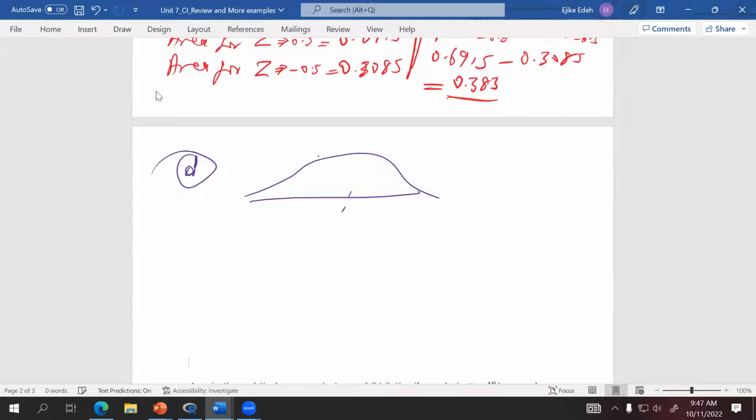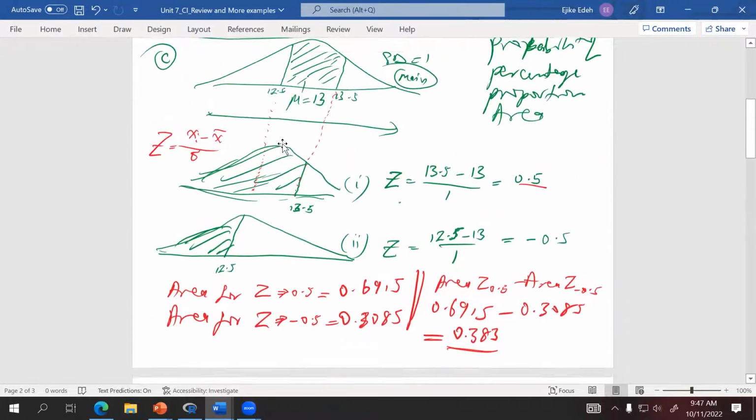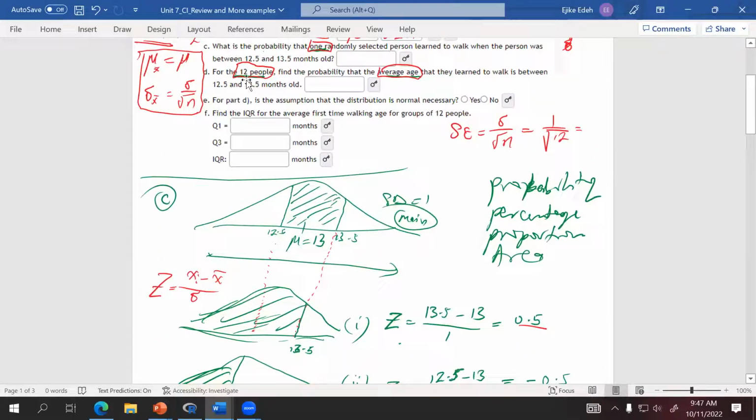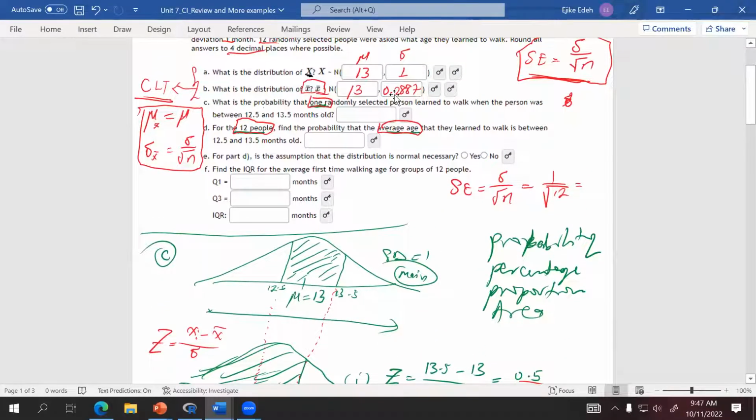And you're looking for the area between 12.5 and 13.5, just as before. The only difference this time is that the standard deviation you're going to use is the one you got for the central limit theorem, for the second distribution, because the question relates to the central limit theorem.